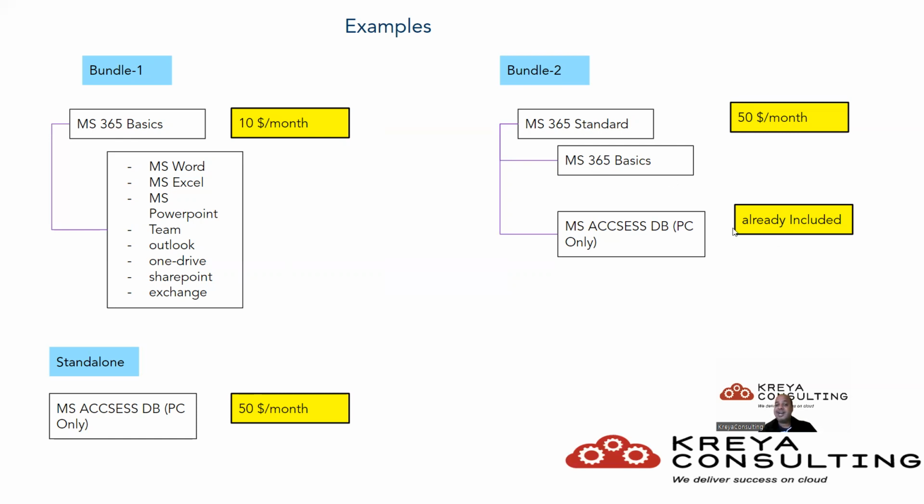So I'm not charging extra cost for this particular standalone product. Rather than charging $60 per month, I would like to charge the customer $50 per month in the bundle two scenario. So these are the two scenarios where you are solving your standalone price or your bundle level pricing.